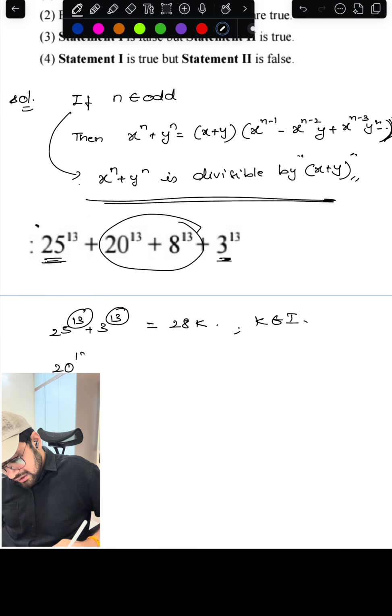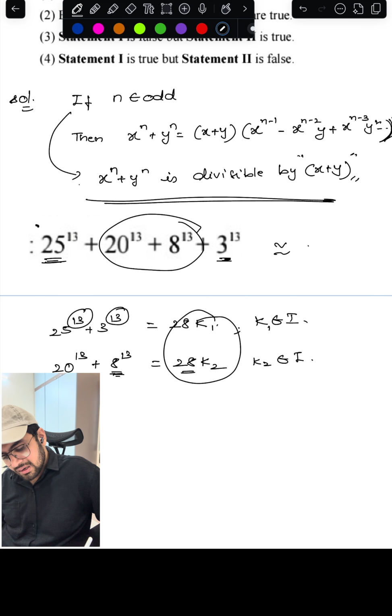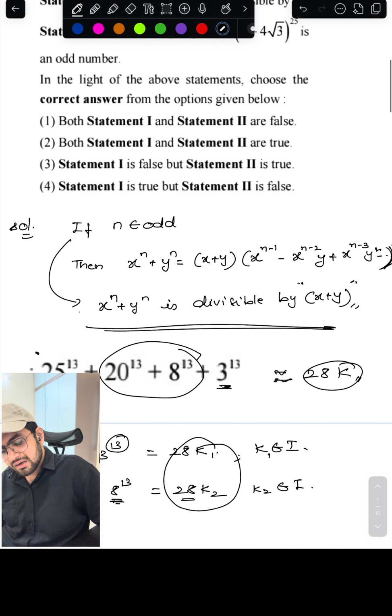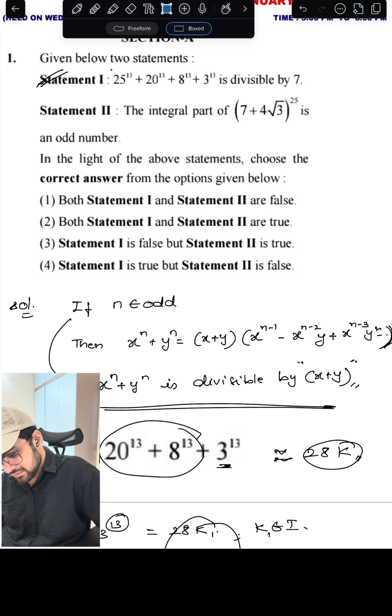Similarly, 20 power 13 plus 8 power 13 can be written as 28k2 because it is also divisible by x plus y, which is nothing but 28, where k2 belongs to integers. So overall it is of the form 28k, which is divisible by 7. So statement 1 is true, right?